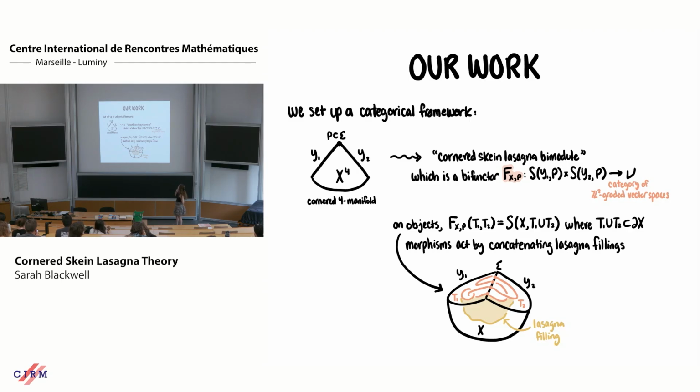Yes, okay, so by definition, I'm taking the Skein Lasagna module of the four-manifold. That is, I smooth this corner so its boundary is Y1 union Y2.